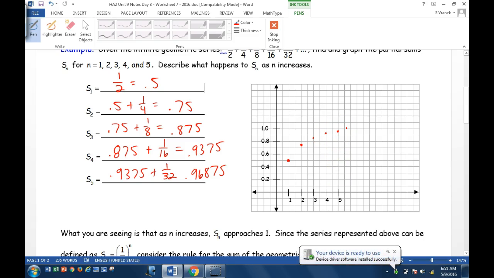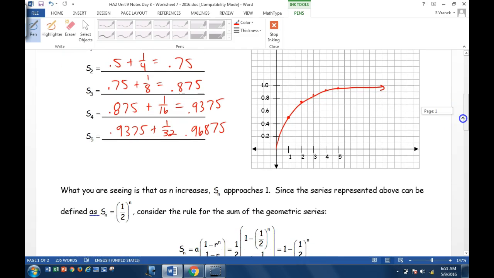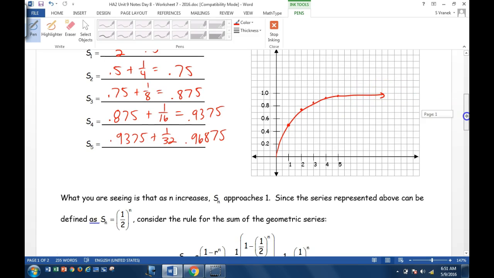You should see that it's approaching a sum, and it'll approach a sum of 1. It'll never get to 1, but it's approaching it. Remember, we called that an asymptote.